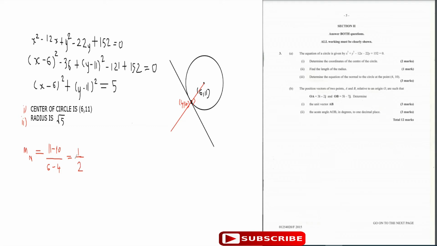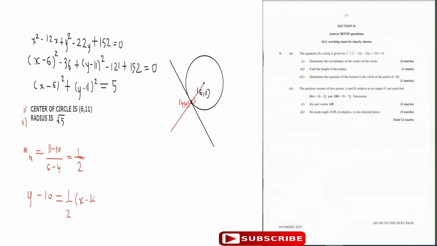Now, the next thing that we want, we've found the gradient of the normal. We need to find the equation now. So it's y minus the y value, which is 10, and that's, of course, equal to the gradient times x minus the x value at that point, which is 4.